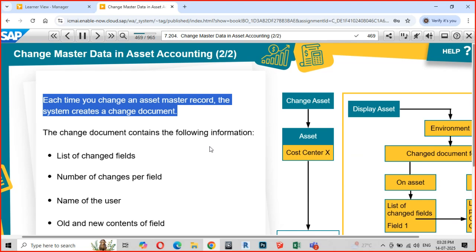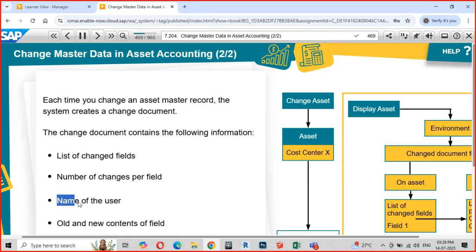Not only pertaining to assets, whatever changes you carry out in the SAP system, SAP maintains a log of what the earlier data was, who changed it, when it changed, and what the new data is. See this list of changed information, number of changes, the name of the user, and as I said, old and new contents.